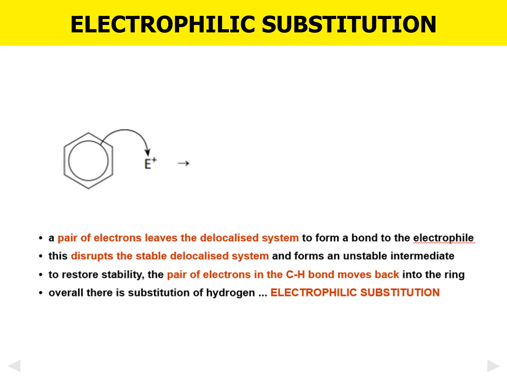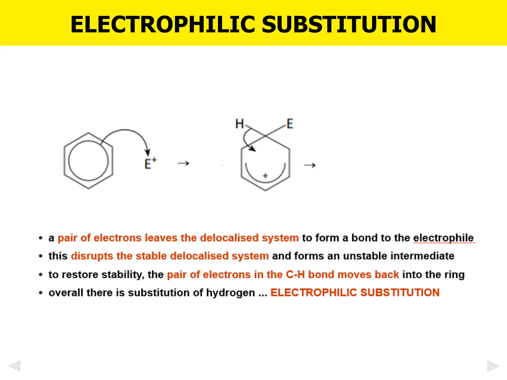In the first stage, the high electron density of the delocalized ring of electrons attracts the electrophile, and a pair of electrons from the ring of delocalized pi electrons forms a bond with the electrophile, breaking the electron ring. At this point, we have a highly unstable intermediate, which has only a partially delocalized electron system, and now contains four delocalized electrons instead of six.